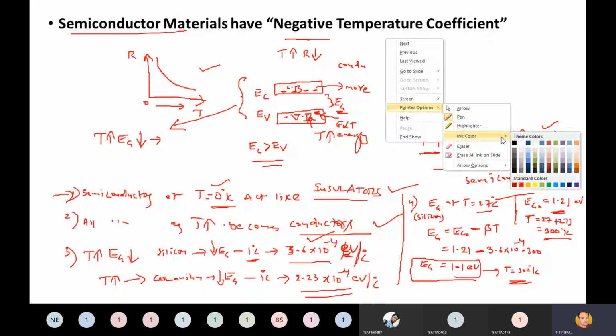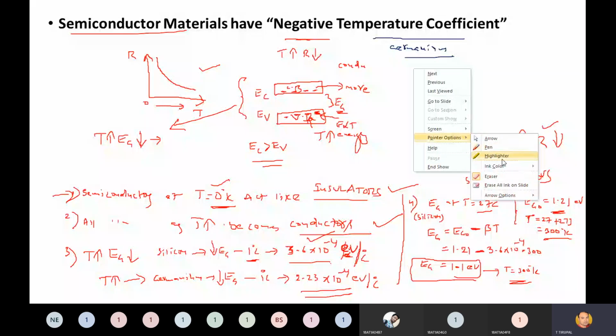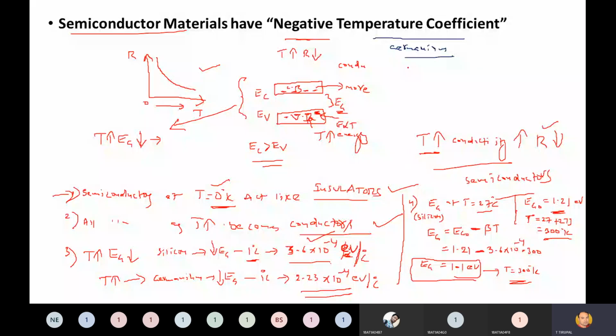This is the fifth important point. Eg is equal to Eg naught minus beta into T.